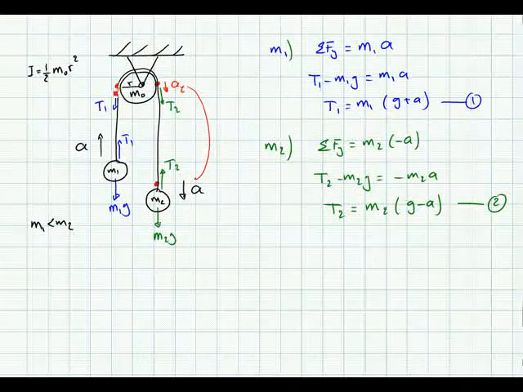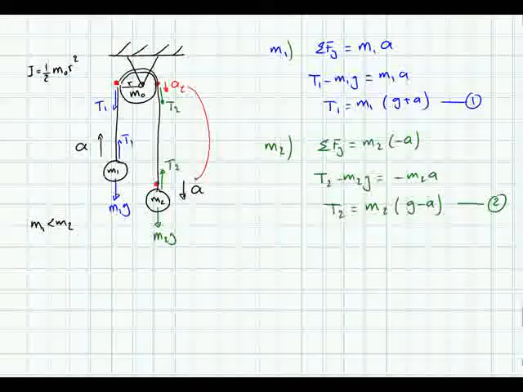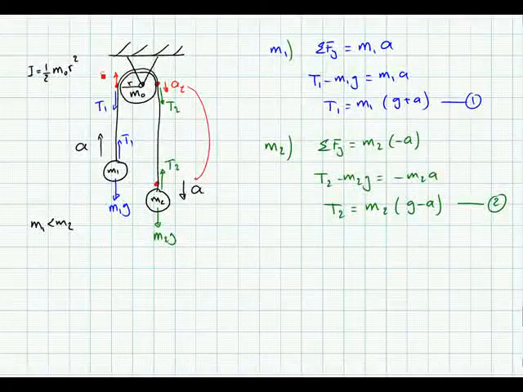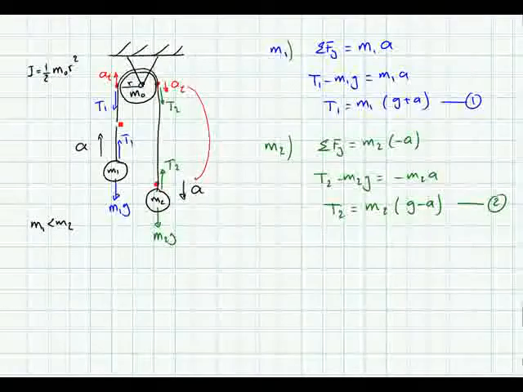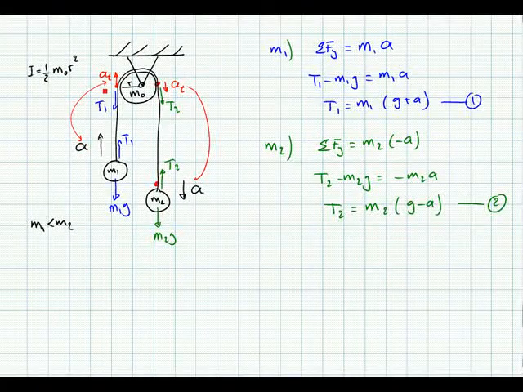Similarly, the magnitude of the upward tangential acceleration that the string has where it touches the pulley is the same in magnitude as this a down there, because we assume that the string doesn't slip. Therefore the linear acceleration at any point must have the same magnitude.